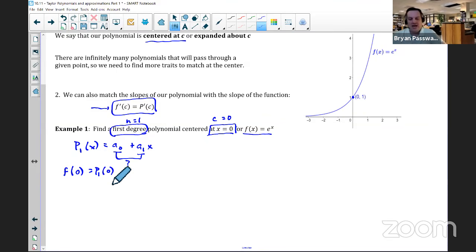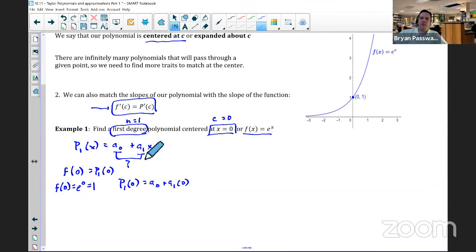Well, we know what f of x is. f of x is e to the x. And so f of 0 is just going to be e to the 0, which happens to be 1, right? f of 0 is 1. Well, p sub 1 of 0, if I plug 0 into my polynomial here, I'm going to get a sub 0 plus a sub 1 times 0. I'm plugging 0 in for x.